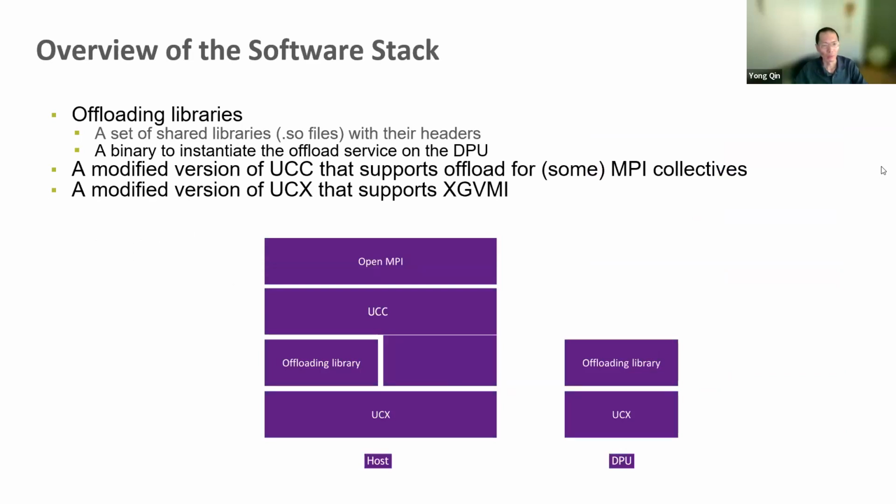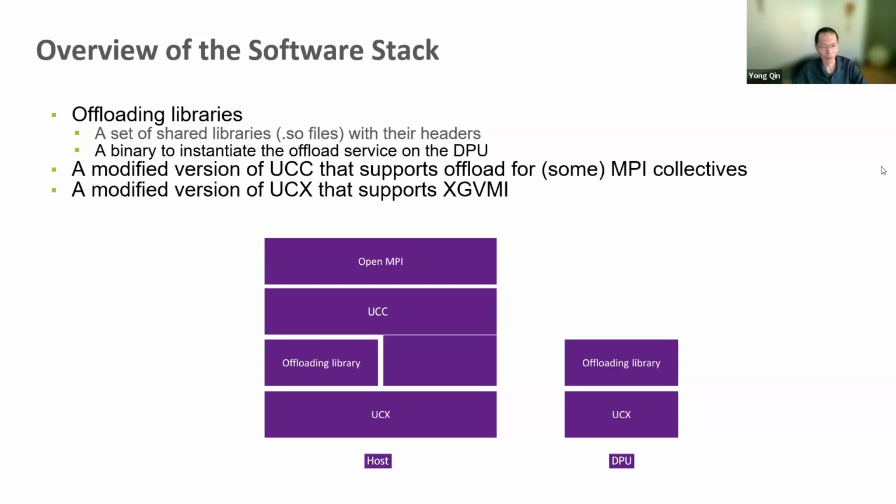Let's talk about the offload stack. This is the full picture of the offload stack that we currently use within the products that we are developing right now. On the host side, the low-level communication library that we rely on is UCX.